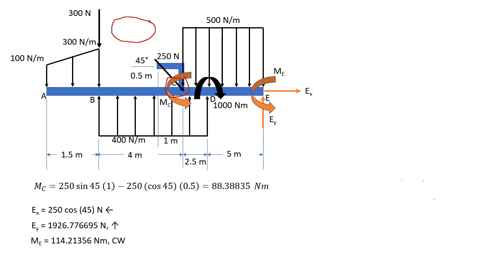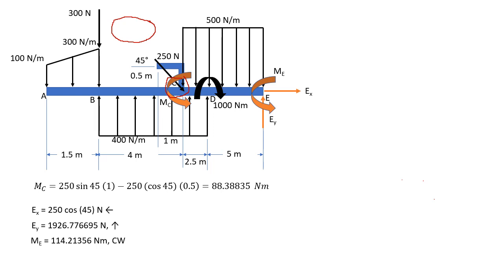Take note again that as I told you in class, you can check these values by summing moment at either point A, B, C, or D. Don't sum moment at point E because that is where your supports are and you would not be able to check the value of EY. The moment should be 0 for equilibrium.